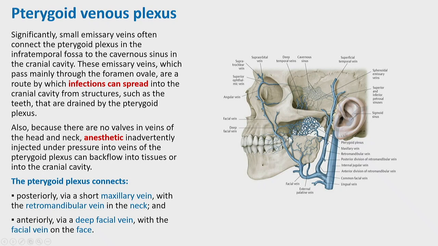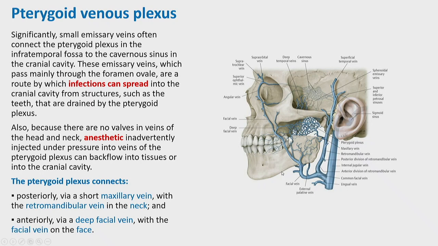So this is the communication of this plexus dorsally. This plexus also communicates ventrally with the facial vein, and the facial vein communicates with the deep facial vein or common facial vein, and finally drains to the internal jugular vein.